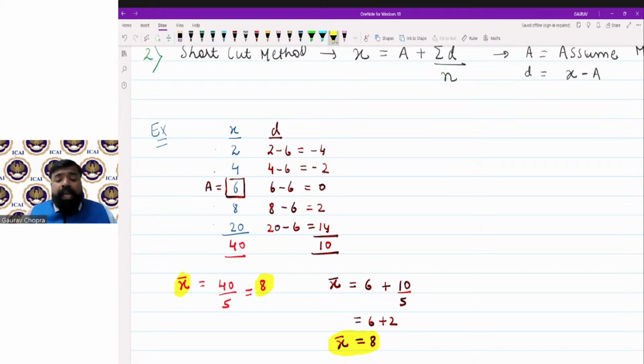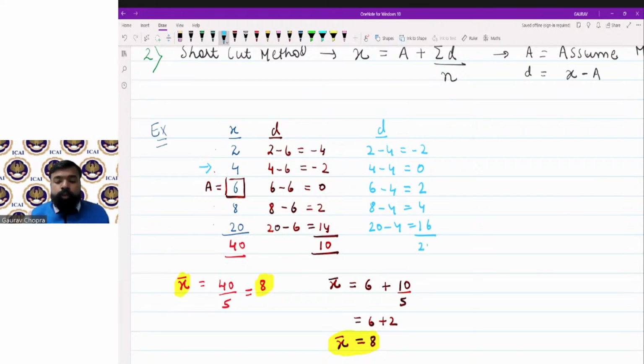Now, what will happen if we assume any other value as the assumed mean? Like if we take the assumed mean as 4, will the answer remain the same or will it change? We can solve it. If A is 4, then 2 minus 4 is minus 2, 4 minus 4 is 0, 6 minus 4 is 2, 8 minus 4 is 4, and then 20 minus 4 is 16.